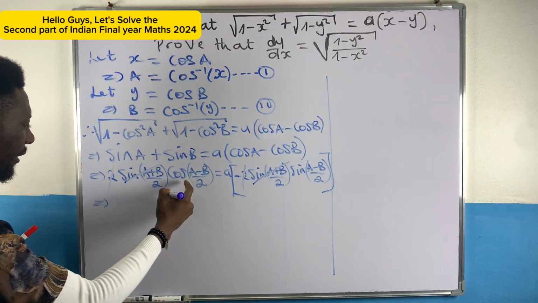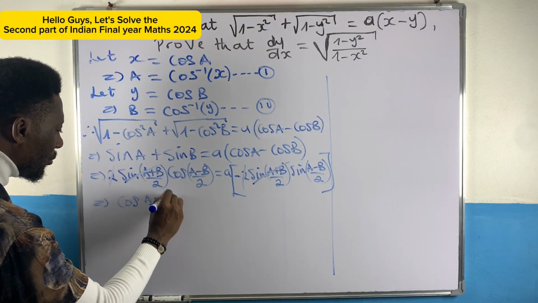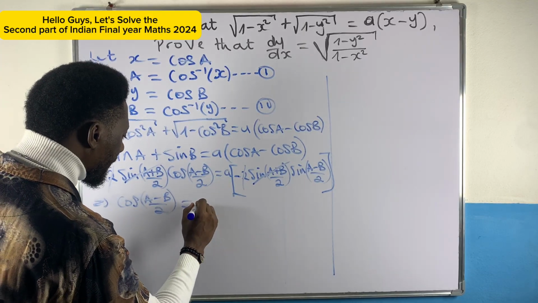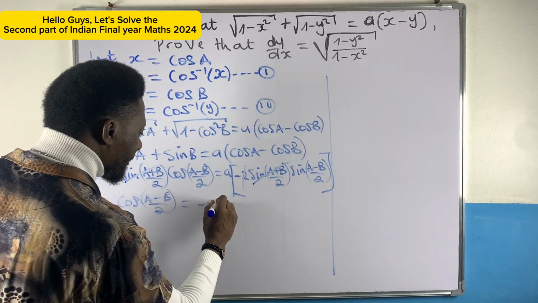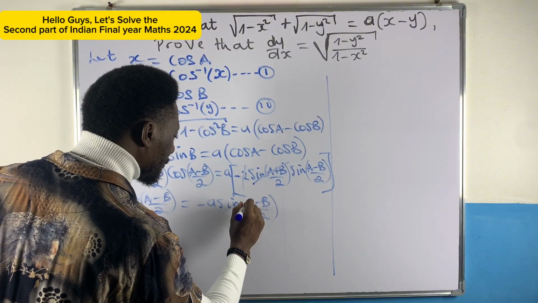So that we are left now with cos((A minus B) on 2) equal to A multiplied by this negative in my bracket, which is negative A sin((A minus B) on 2).